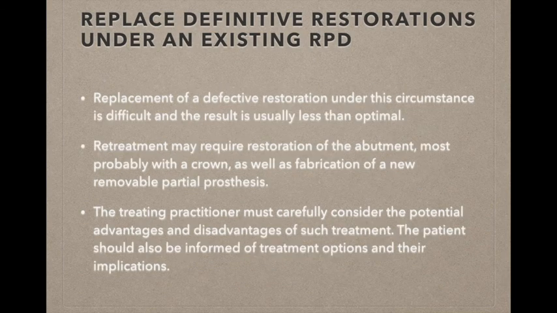Sometimes we may need to replace the definitive restorations under an existing RPD. First of all, you have to know this kind of replacement is very difficult and the result probably will not be ideal.